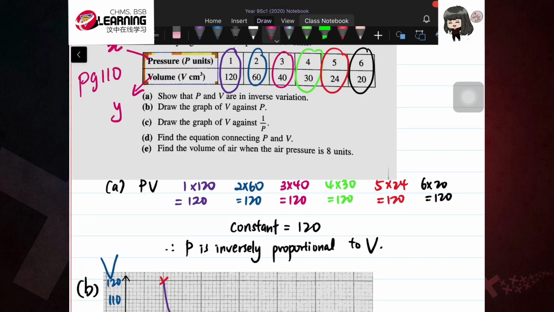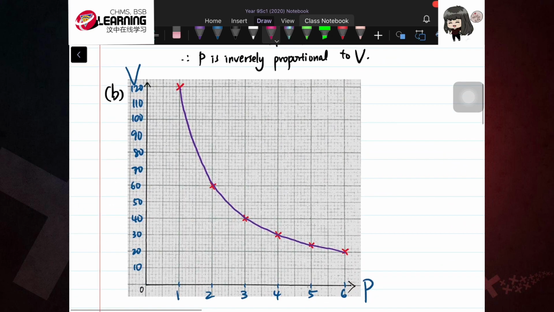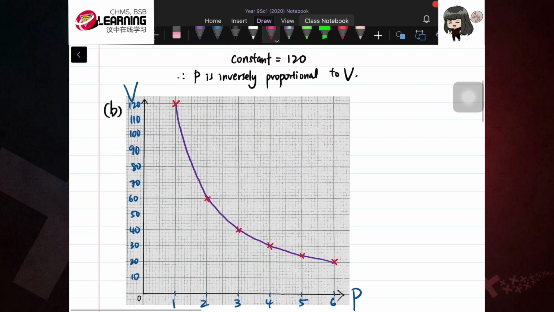So let's see if we get a straight line when we draw part C. Part B we have done: V against P, we get a hyperbola.